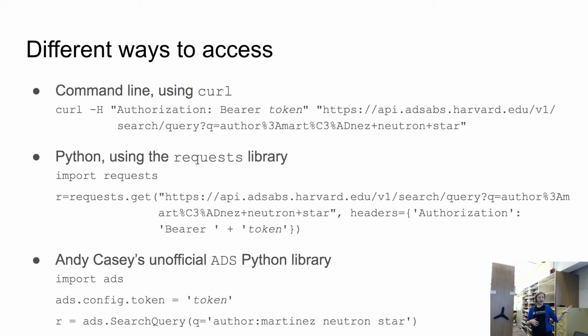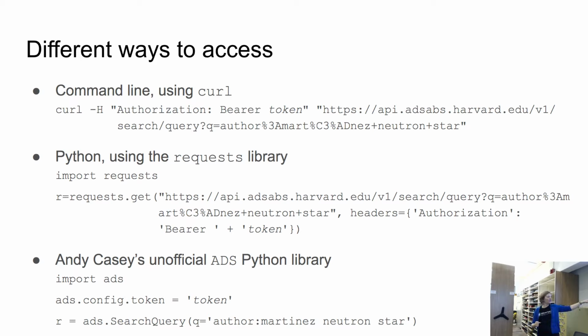And finally, with the ADS Python library, you can create much more advanced scripts. They do some fancy things about managing memory. So if you are making a request that gives you back a ton of results, the ADS library does a lot of fancy stuff to make sure you're not taking up a ton of memory on your machine. You can see, though, from the simple example I gave, the way that the query looks is a little different.